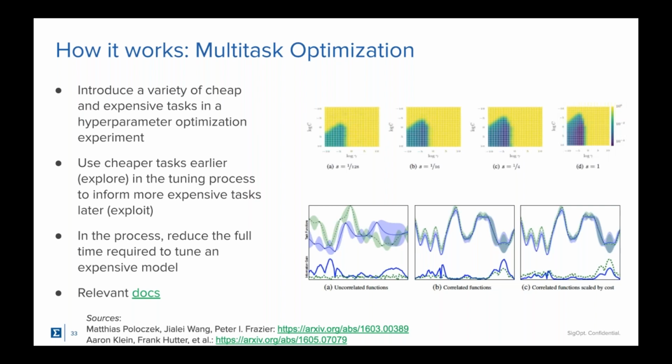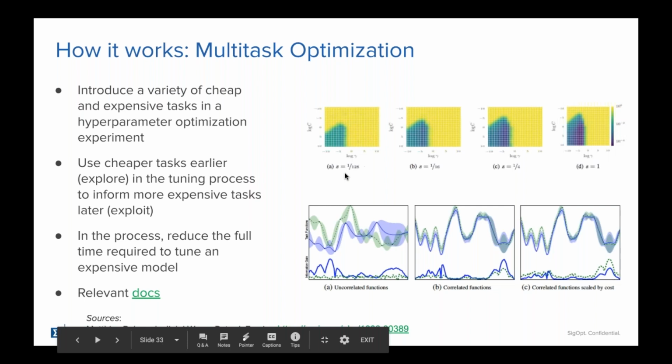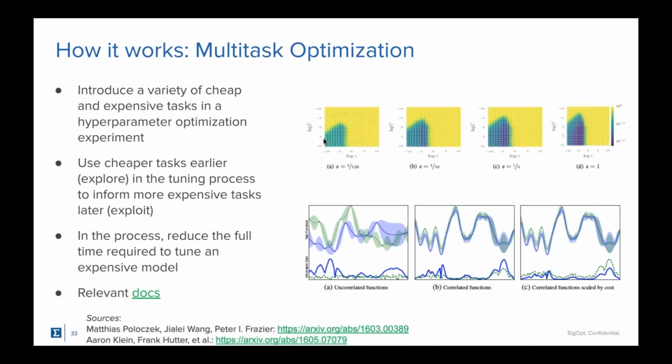I recommend reading these papers. They're really good. They explain the intuition quite a bit more. But again, the idea is by sampling a task with a much smaller amount of total data, we can get a rough cut of what's interesting and then leverage more expensive tasks to really zoom in on that interesting area and as efficiently as possible get to an optimum.